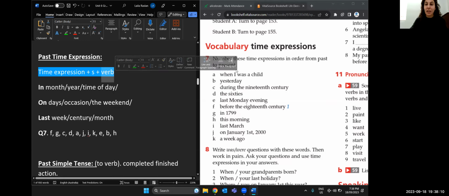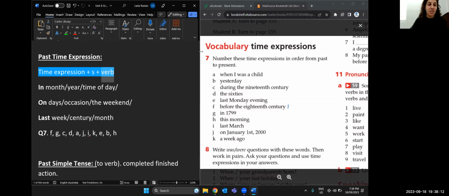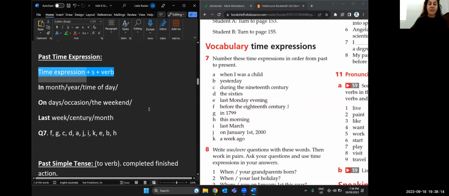But now we are going to use time expressions in front of it. So remember, start with the time expression, which are just words or phrases before the subject and the verb. So what are time expressions?